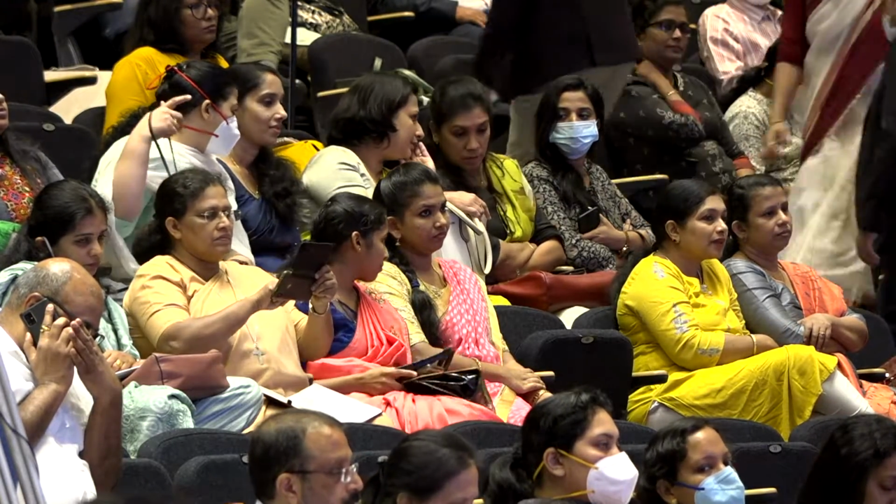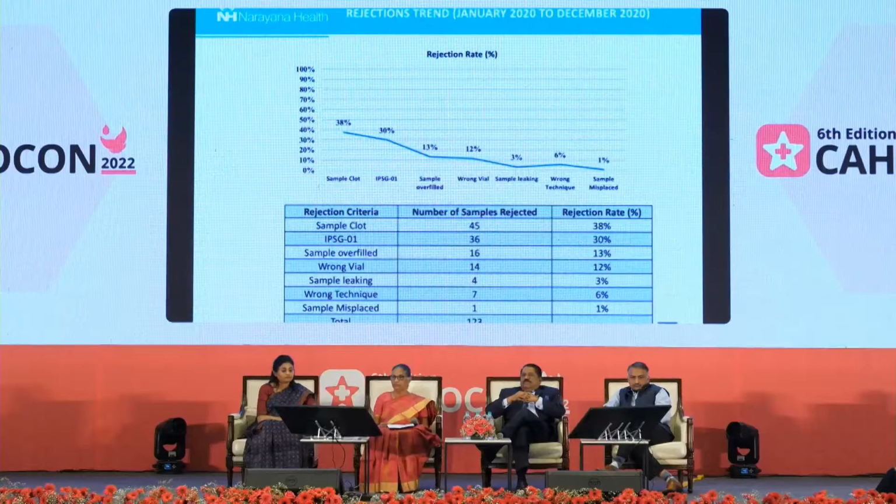This slide presents the data for January 2020 to December 2020, the rejection rates along with all the criteria and the factors which led to rejections. The highest was sample clot or hemolysis, then IPSG-01, where the barcodes or labels put on the sample vacutainers and sent to the laboratory were wrong.